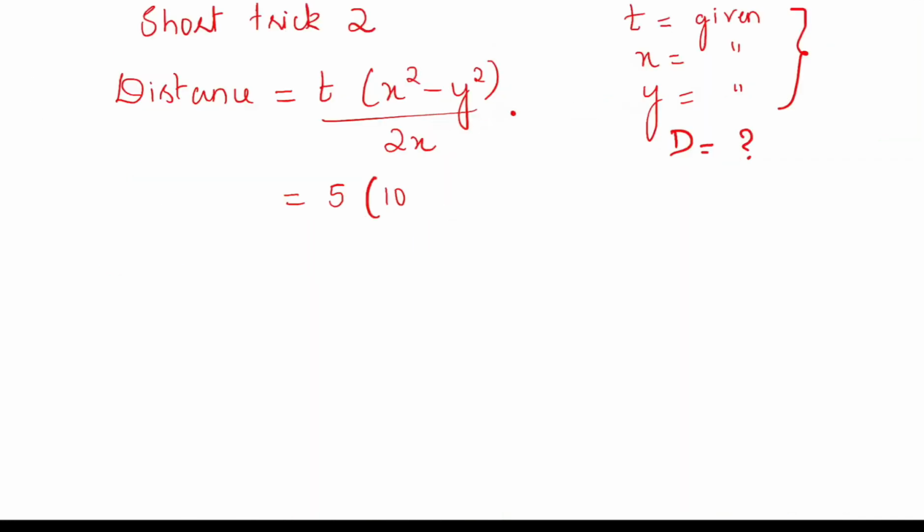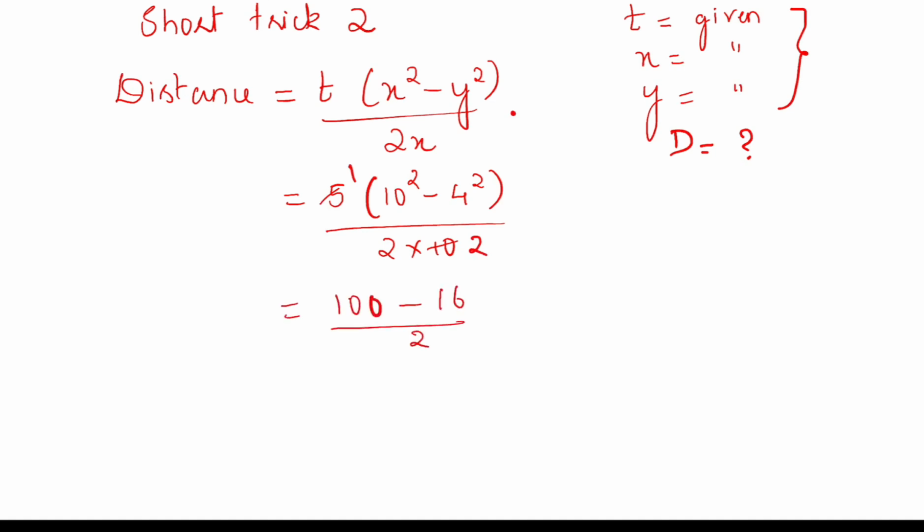So we'll substitute: 10 square minus 4 square divided by 2 into 10. 10 square is 100, minus 4 square is 16, is 84, divided by 4, which is equal to 21 kilometer. So this formula we can use when t, x, y are given and distance is asked.